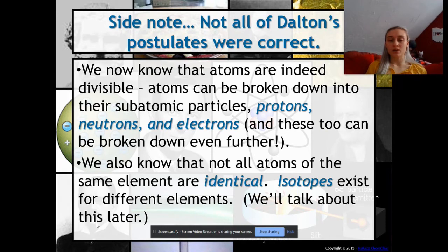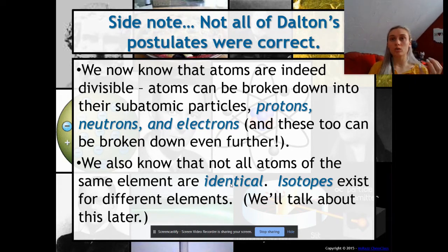And isotopes are something we'll probably get into later, but isotopes, long story short, are atoms of the same element, but they have a different number of neutrons. And so that changes them a little bit, but we'll get into that later when we talk about isotopes. But atoms of the same element are not always exactly the same.